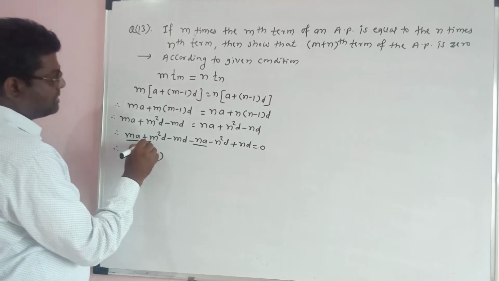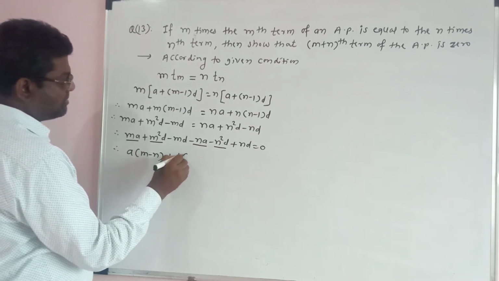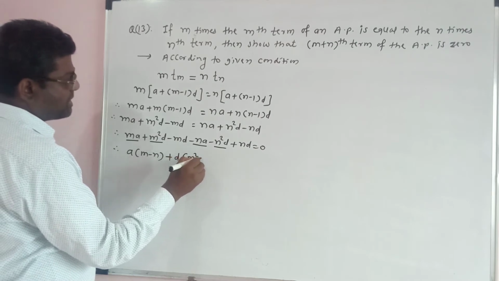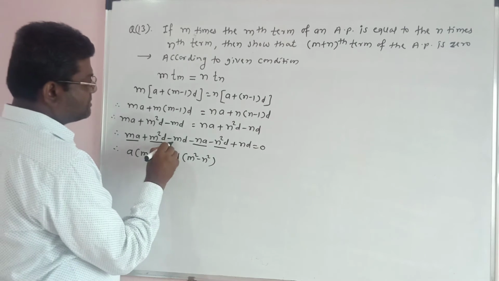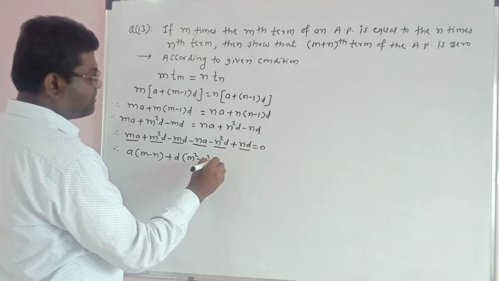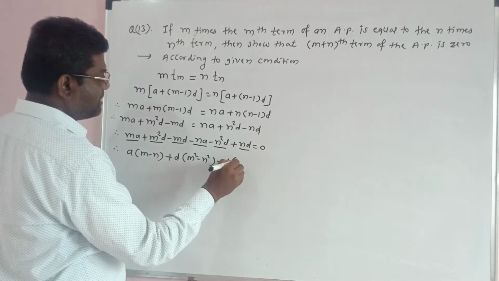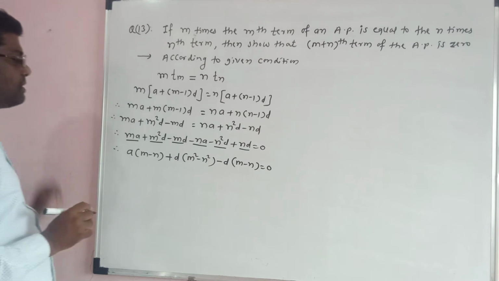In these two terms take d common, so d in bracket m square minus n square, and in these two terms take minus d common, so minus d in bracket m minus n is equal to 0.